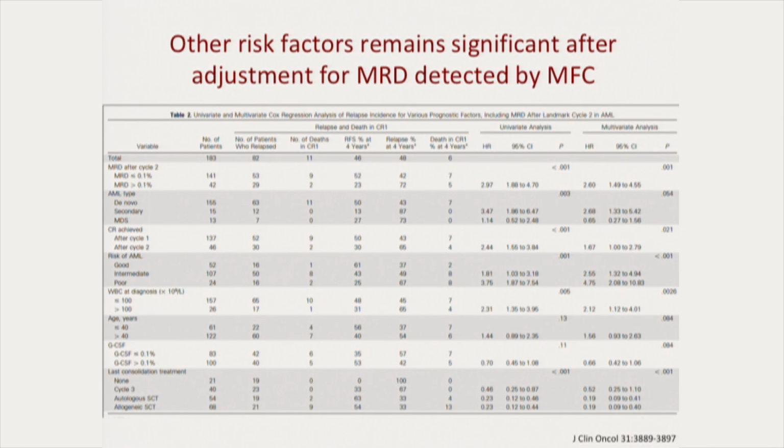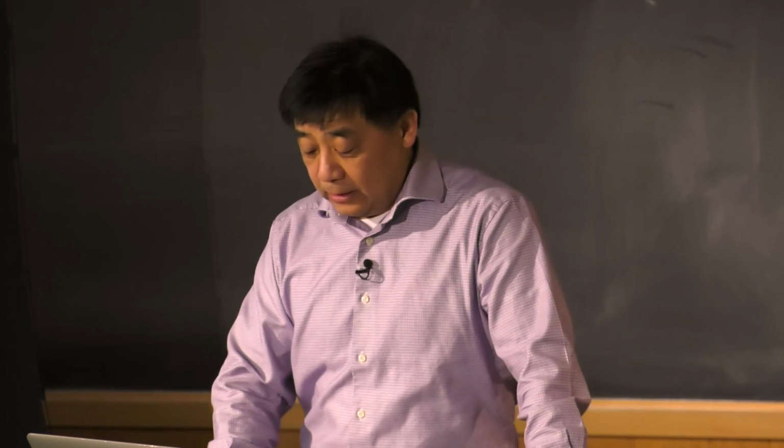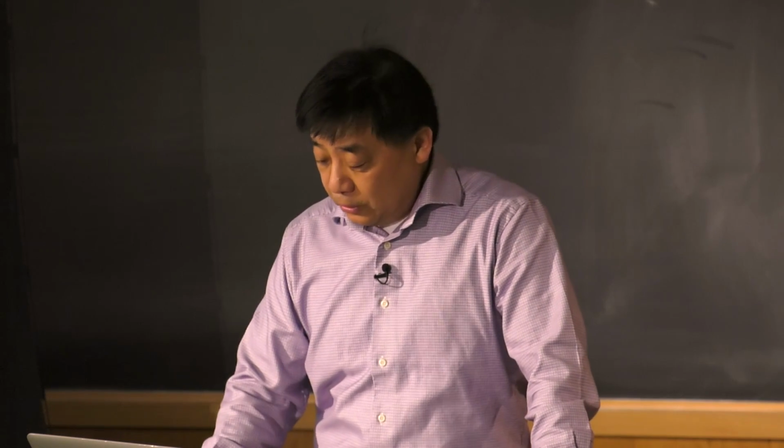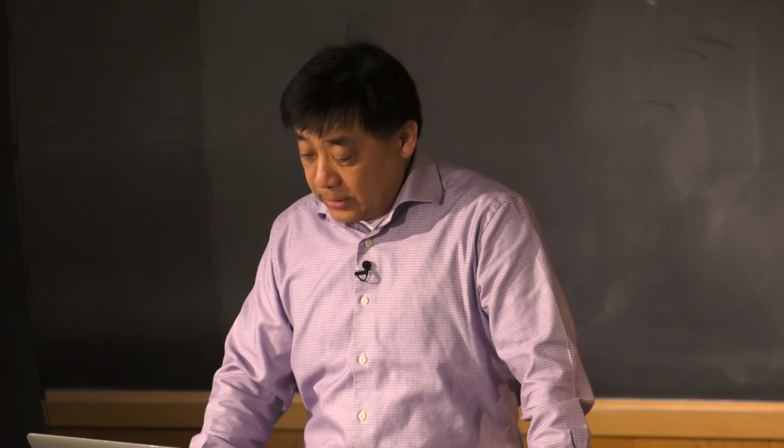So if MRD is such a risk factor, in this context, are other pre-treatment risk factors still significant? Or in another way, can MRD represent the summation of all other risk factors people have been characterizing, or used to characterize patient risk?